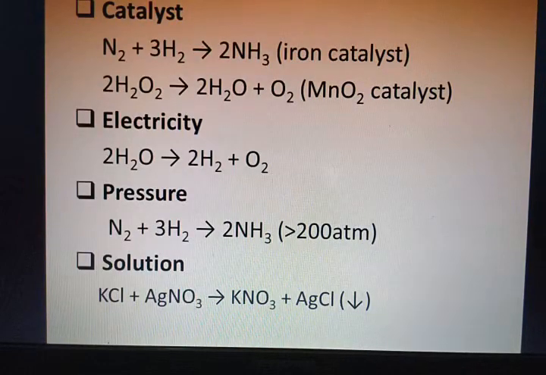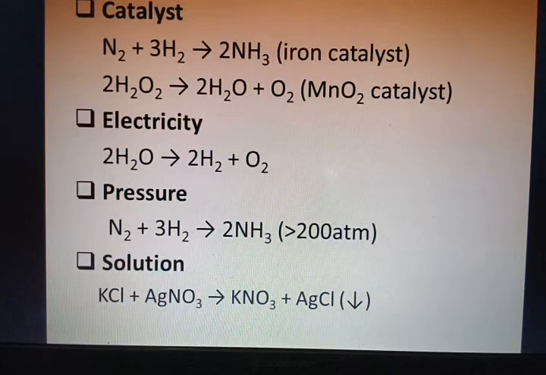So whenever you're giving an example of a catalyst, I request you, do give the entire reaction, along with the name of the catalyst. Then your answer will be correct.